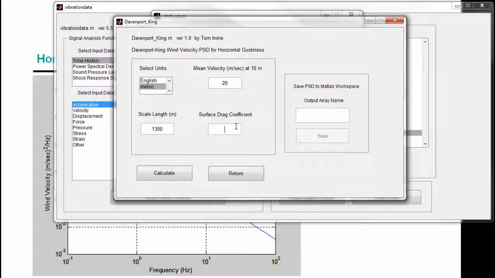There are different references you can look up as to what the proper drag coefficient could be. I'm just going to put in 0.3 because that's the value I used years ago when I took a look at a tall, slender launch vehicle with a cylindrical cross-section and had to do a wind analysis.